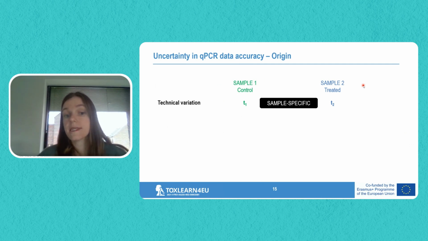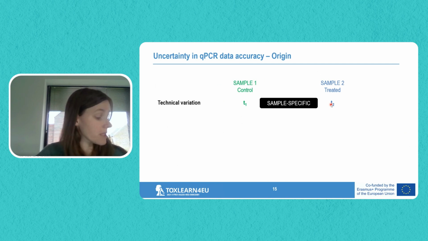And this is, of course, sample specific. It's possible that, for example, in sample 1, there are more PCR inhibitors compared to sample 2. So each sample has its own technical variation, which we here name T1 for sample 1, and T2 for sample 2.